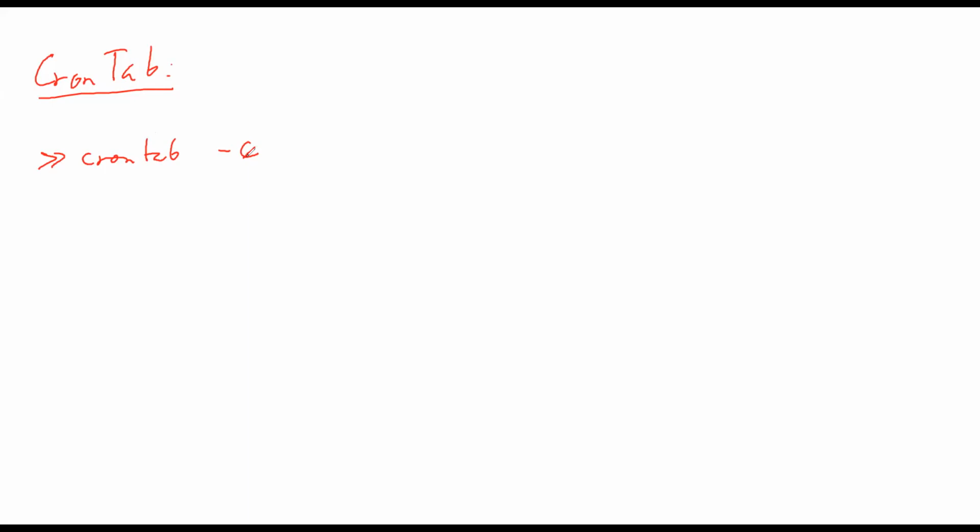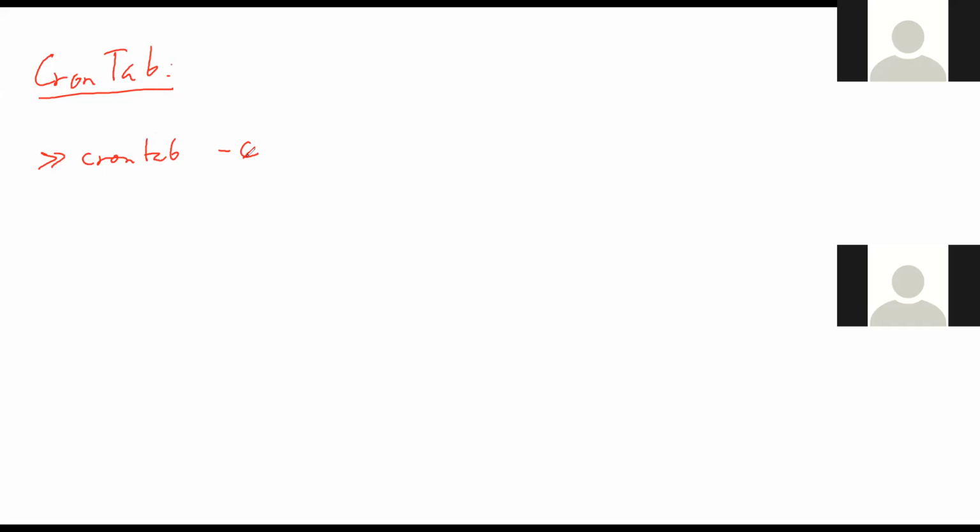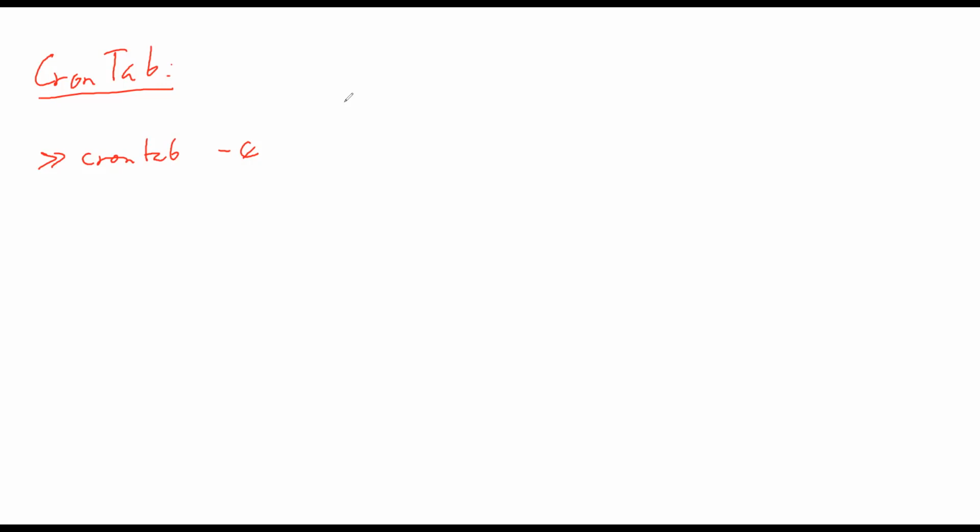So basically, this is how we can access our file. Just remember that whenever you write into the crontab, you are overwriting all the other entries. So you want to keep the entries that you had in there before.